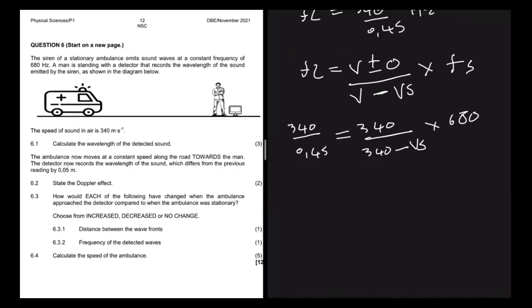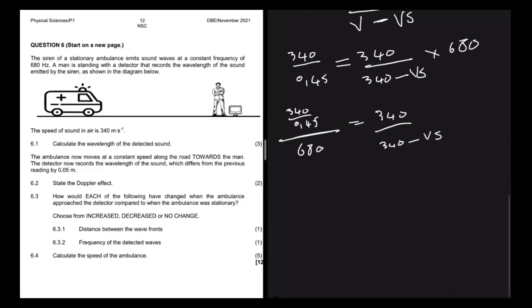You're almost done with the physics here. So the way I'm going to solve it, I'm going to divide both sides by 680, right? So I'm going to have 340 divided by 0.45, and then everything divided by 680. And if I divide by 680 on the right hand side, that 680 is gonna get cancelled out. So now we're gonna have 340 divided by 340 minus velocity of source.